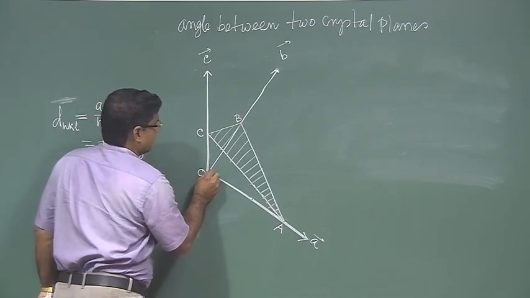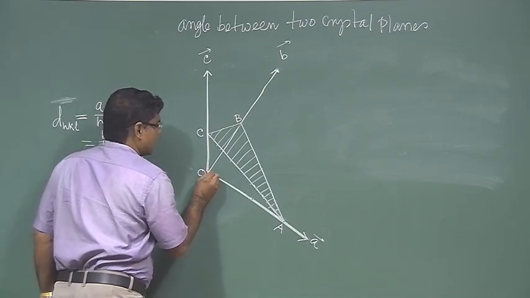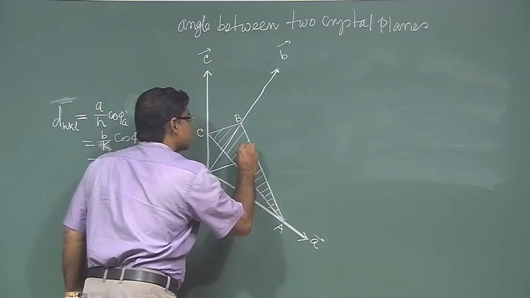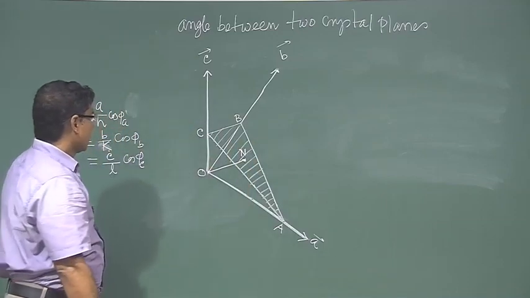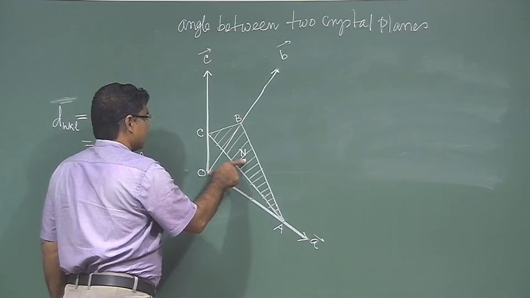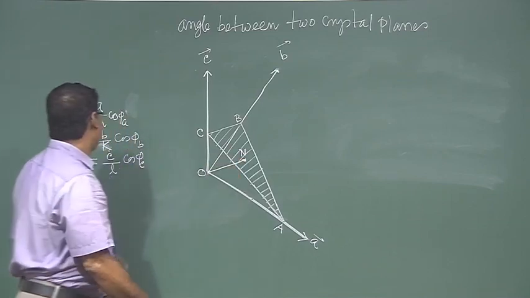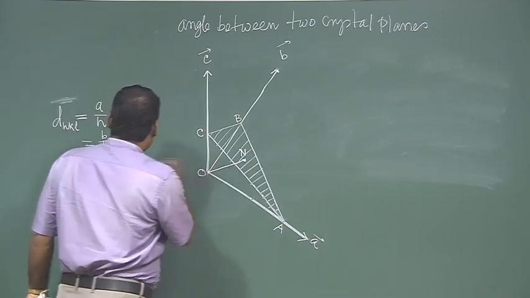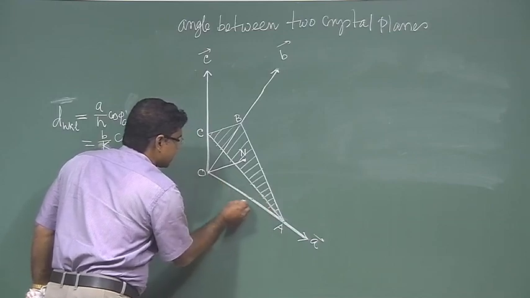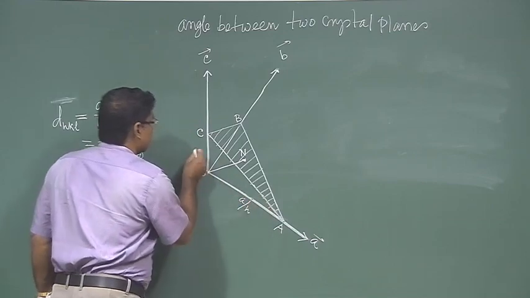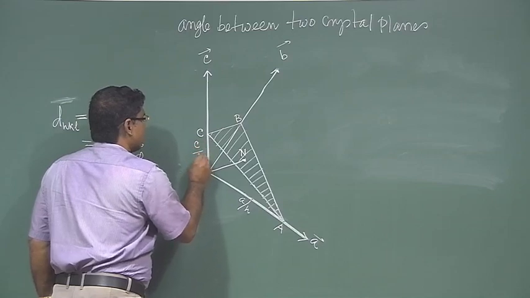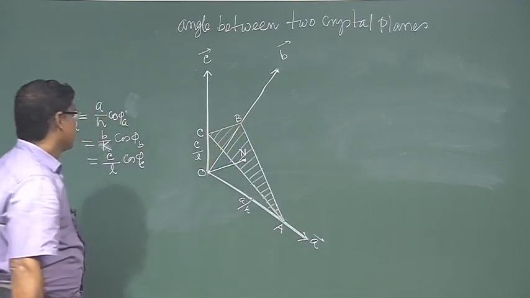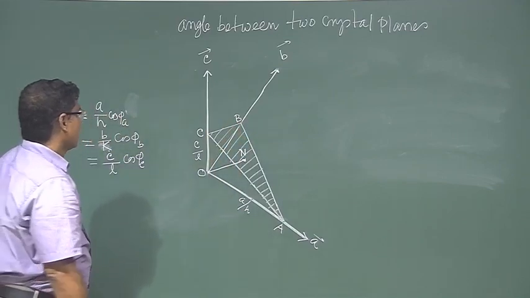Now if we draw a normal on this plane, the foot of the normal on this plane is say N, and ON is d h k l. This length is, as we have seen, A by H, this is C by L, and this is B by K.